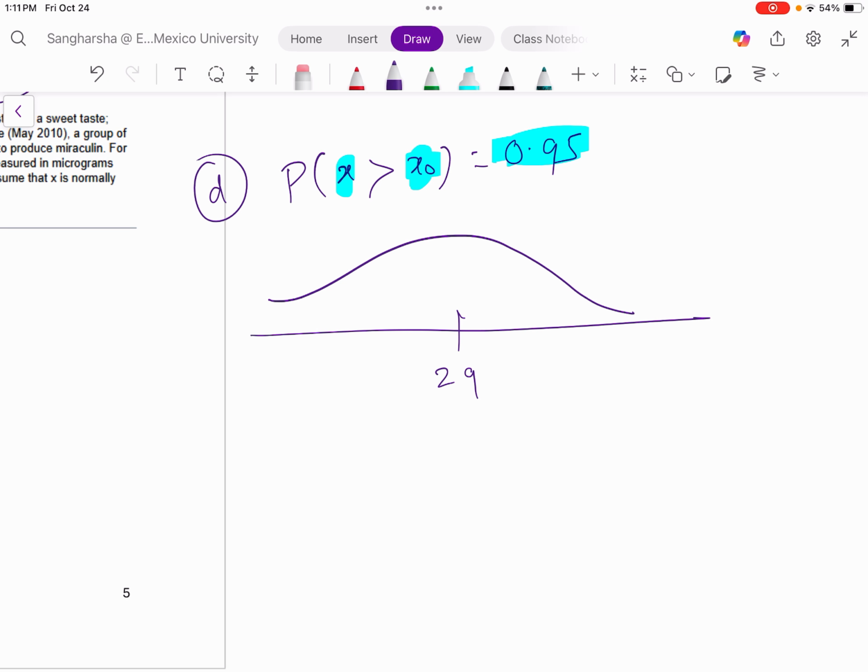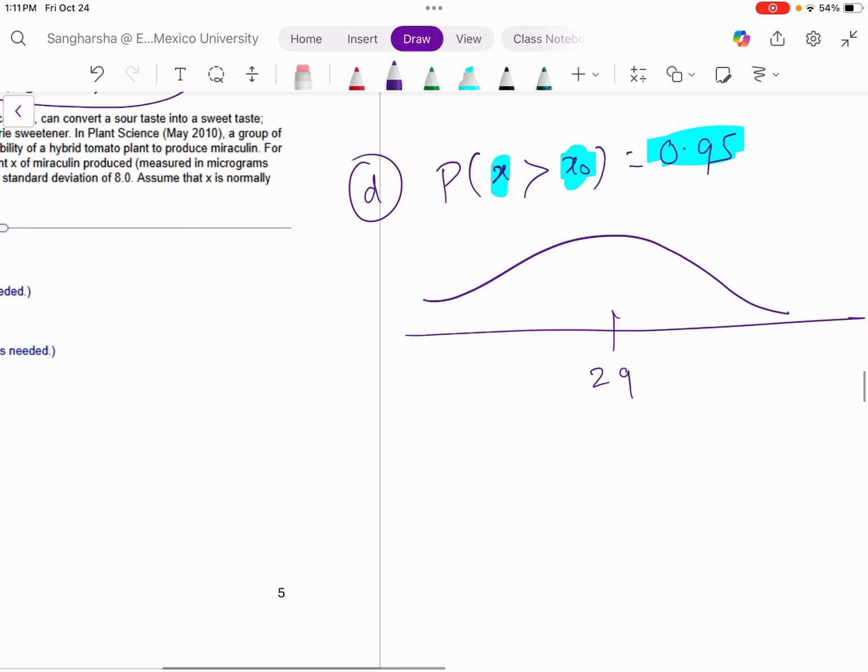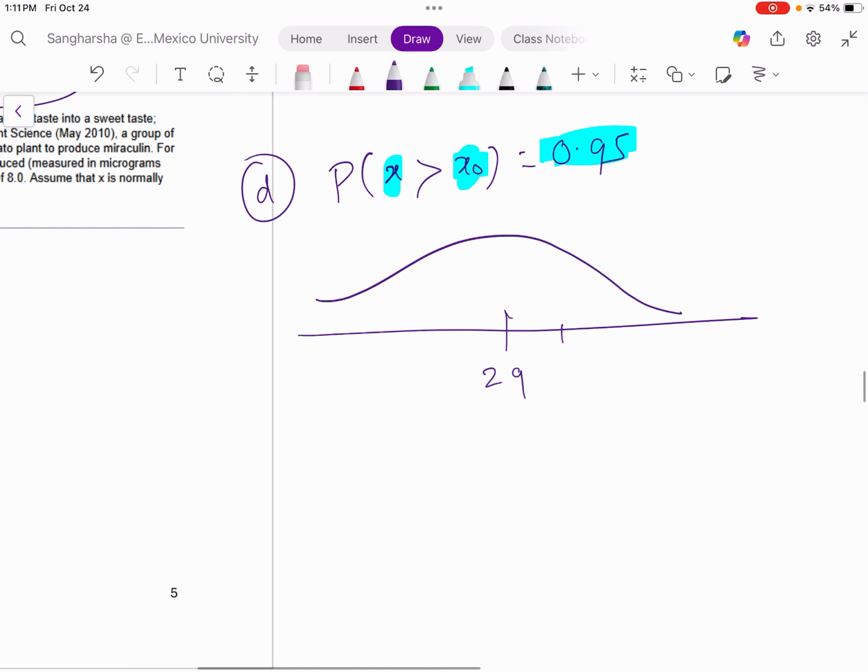If you have your x naught on the right side here, will the probability on the right of x naught be 0.95? It is not, right? Because we know the probability on the right of 29 is 0.5, and this cannot be 0.95. So our x naught has to be on the left side.